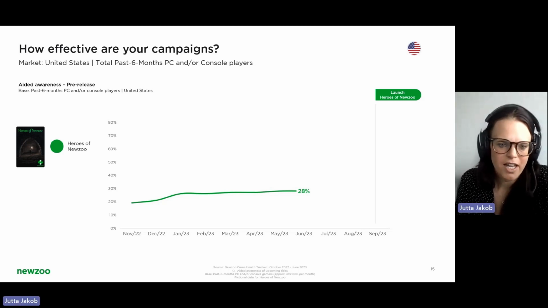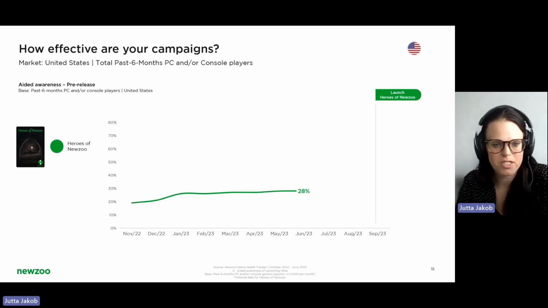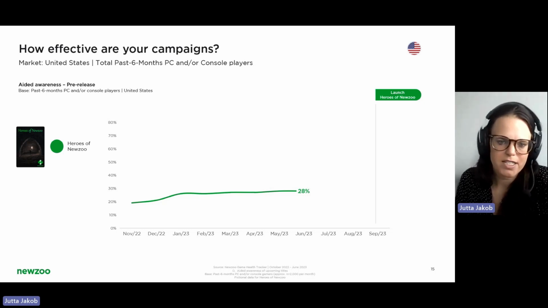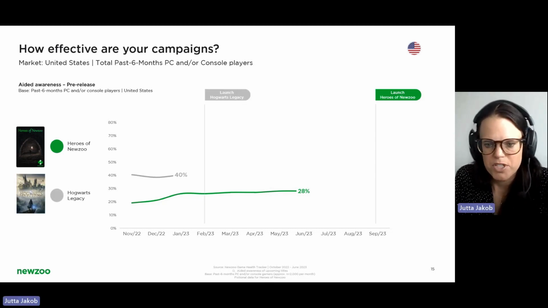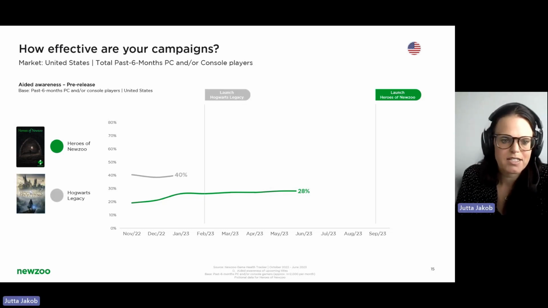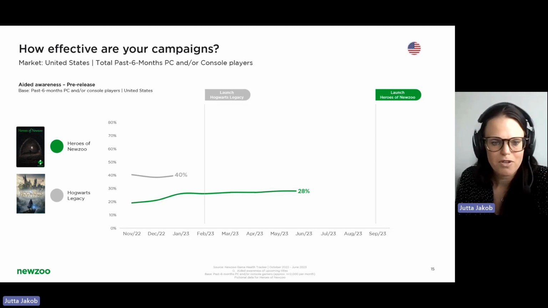But we can compare our awareness levels to other recently released titles, such as Hogwarts Legacy, a major PC console RPG released in February this year. In the month preceding its launch, Hogwarts Legacy achieved around 40% awareness among US PC and console gamers. As you can see, our awareness is notably lower compared to Hogwarts Legacy.